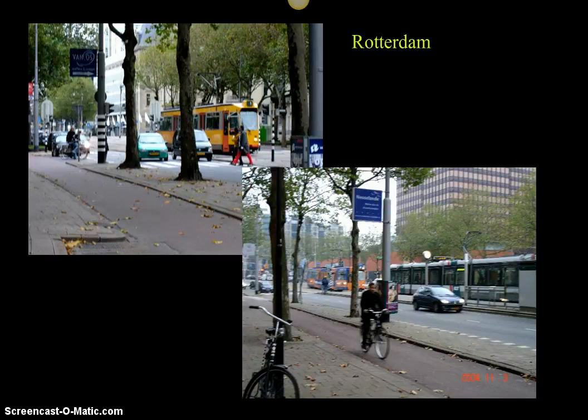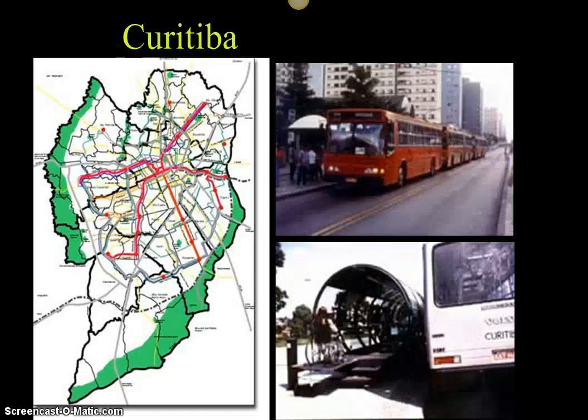This is actually a high density area where you are not encouraged to drive your car. And this is Curitiba. You can see the bus rapid transit everywhere, and the development is higher density along the corridor of the bus rapid transit.